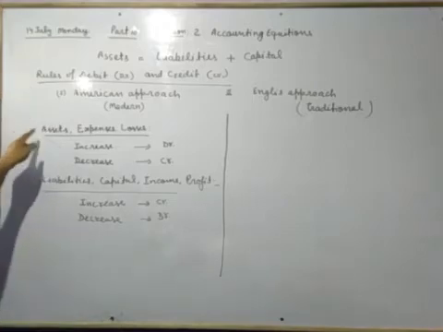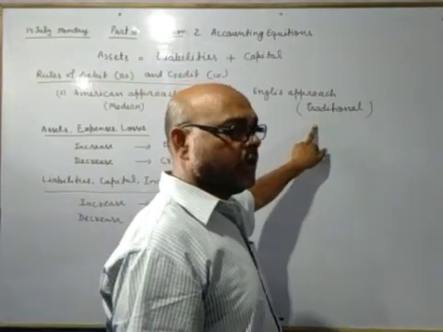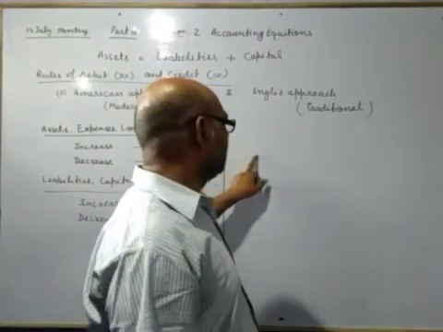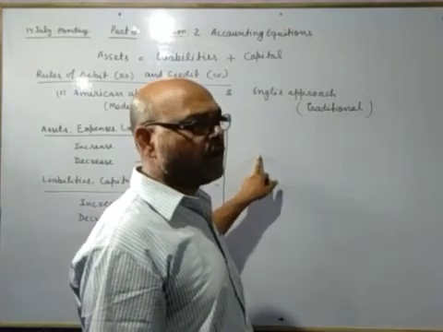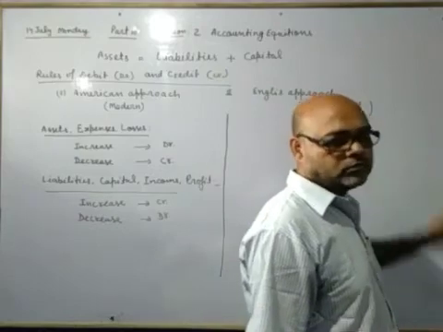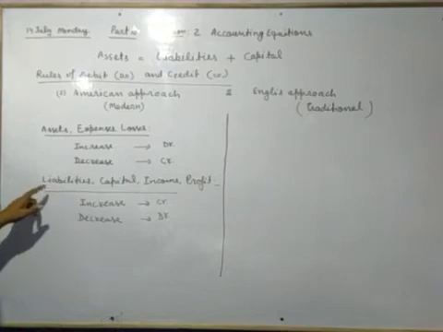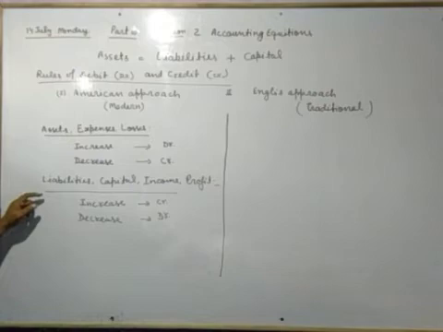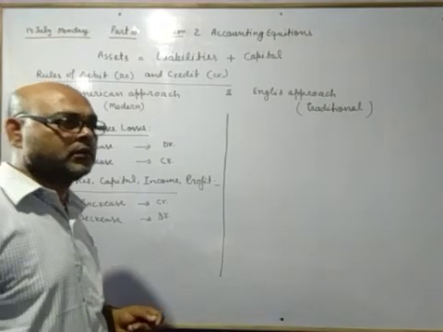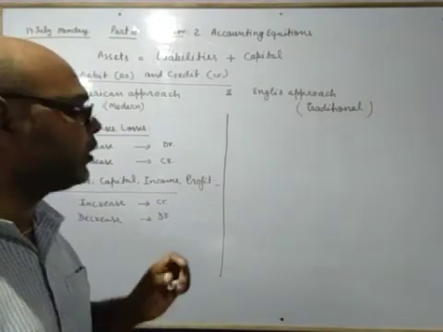Here the accounts are divided in three parts: first, personal account, real account, and nominal account. Personal account belongs to the person. Real account belongs to the assets, and nominal account belongs to the income or expenditure.